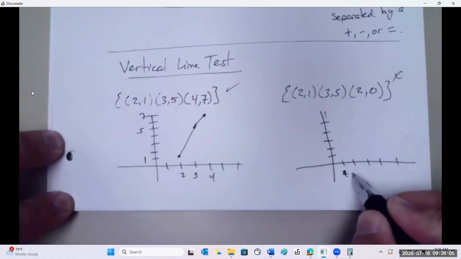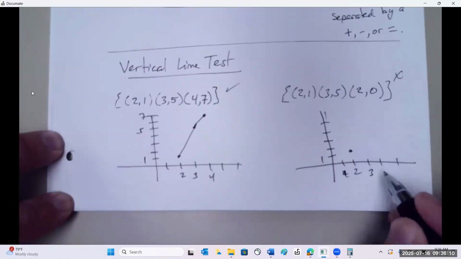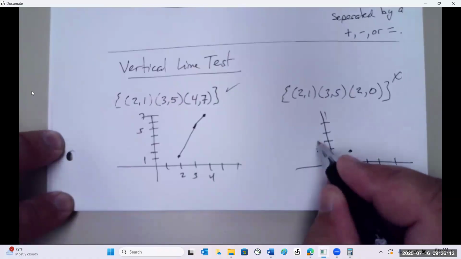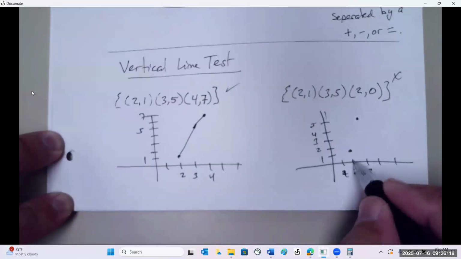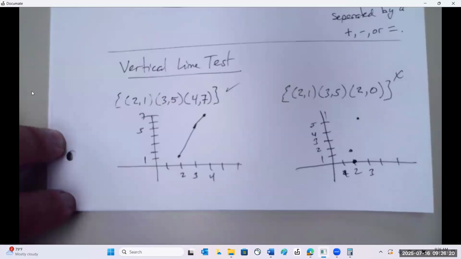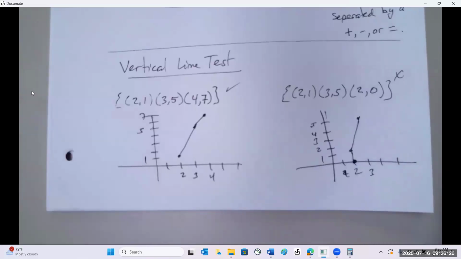So here we have 1, 2. Here's 1. So there's 1 point there. At 3, 5, we have a point there. But we have another point at 2, 0. This is not a function.